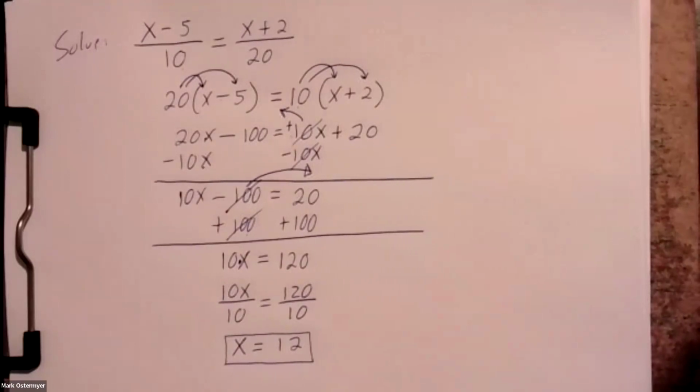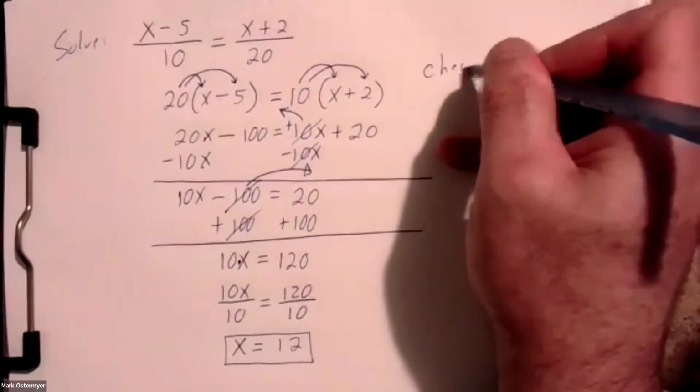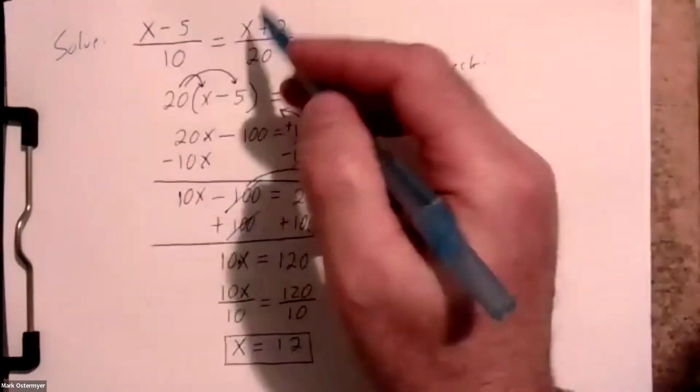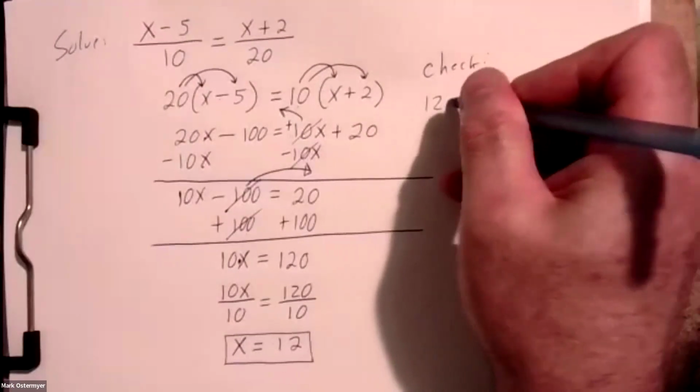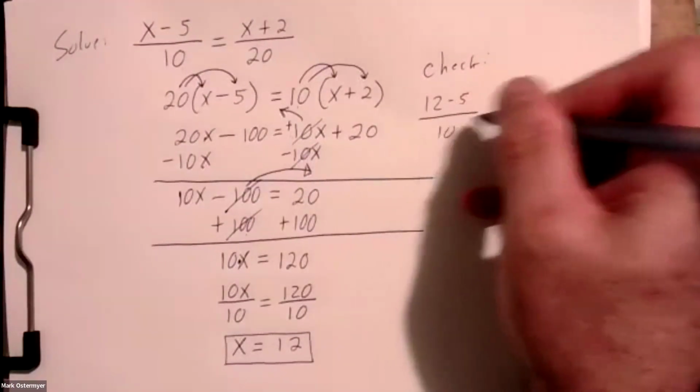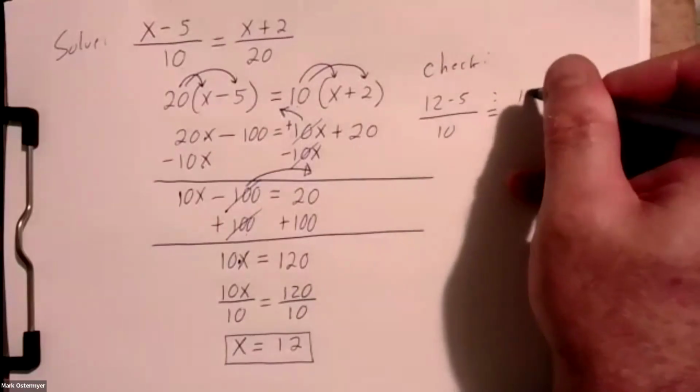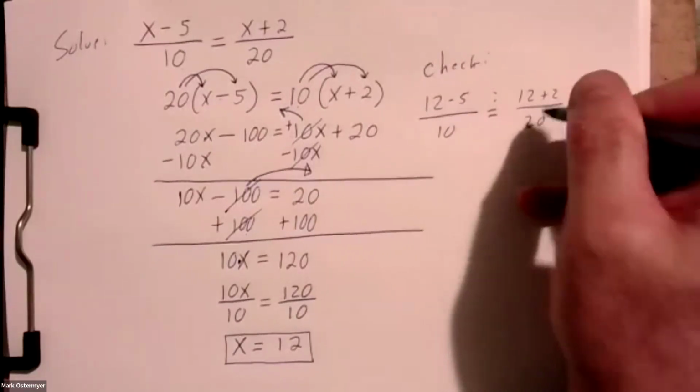All right, any questions about how we solve that proportion for the variable x? And if you have time, you can always check your answer. If you put 12 back in here and here, it should check out. (12 minus 5) over 10. Is that equal to (12 plus 2) over 20?